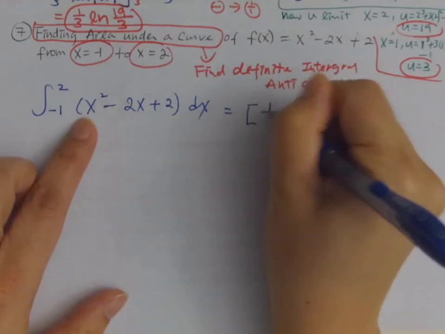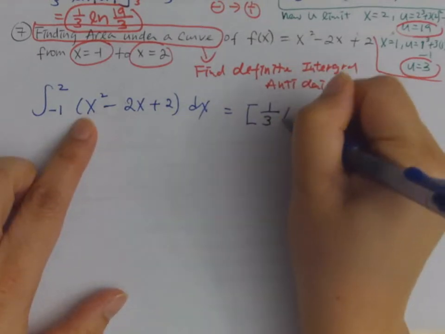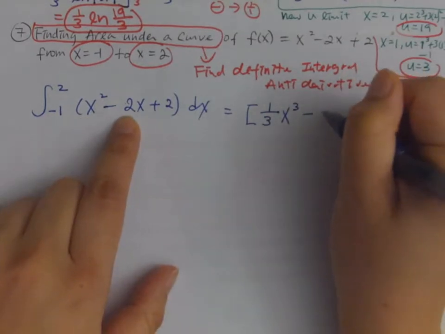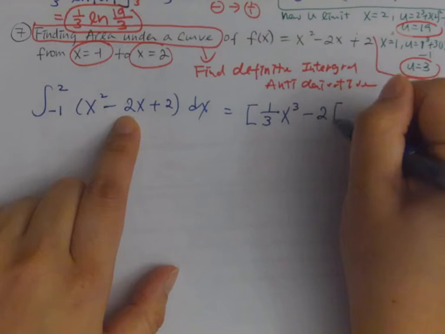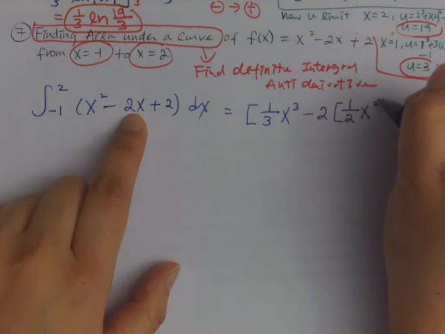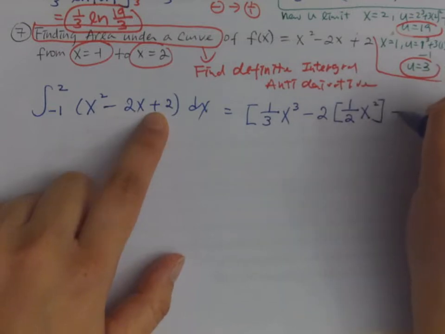The first one would be 1 over 2 plus 1 is 3, x cubed. Minus 2, and then this basically becomes 1 over 1 plus 1 is 2, and then x to the second power. And then plus the 2, you add an x back, right?